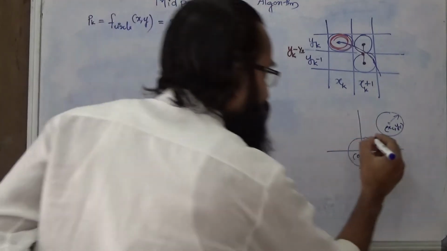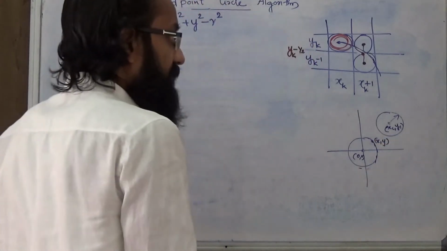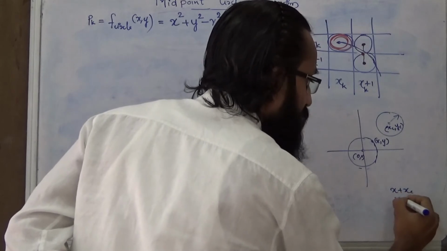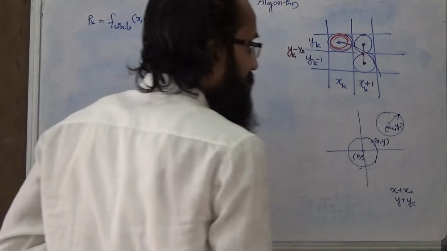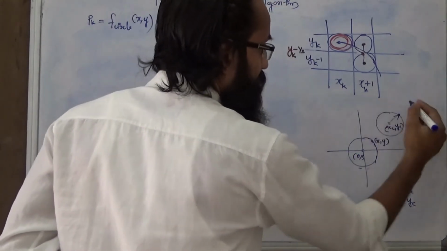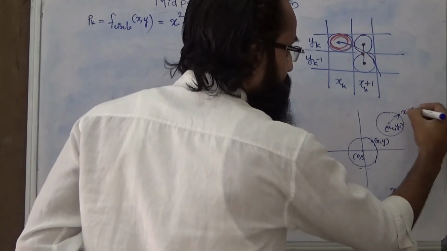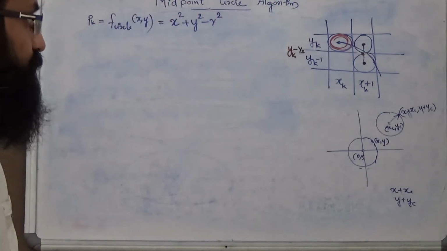If I have a point x, y here, and I take the point x plus xc and y plus yc, this point will be on the circumference of the circle centered at xc, yc.